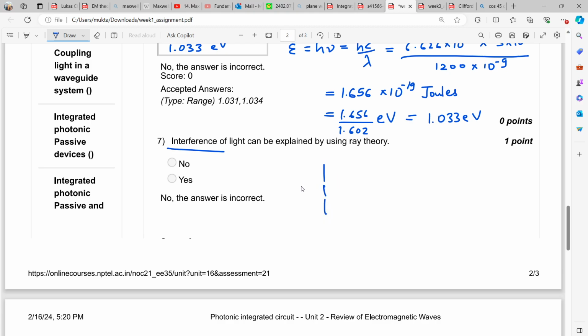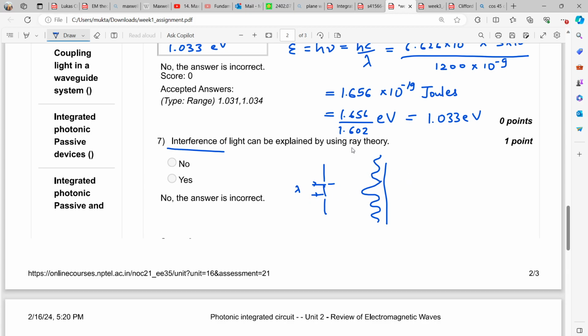If I send light through both the slits at the same time, the light has to be coherent, a single wavelength coming from the same source, and then I see a pattern of dark and bright fringes. So this phenomenon is interference.